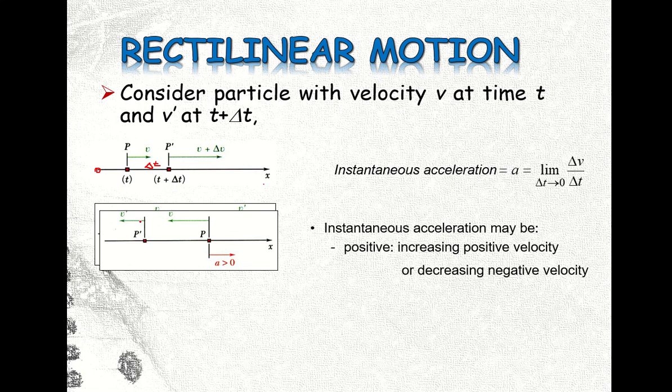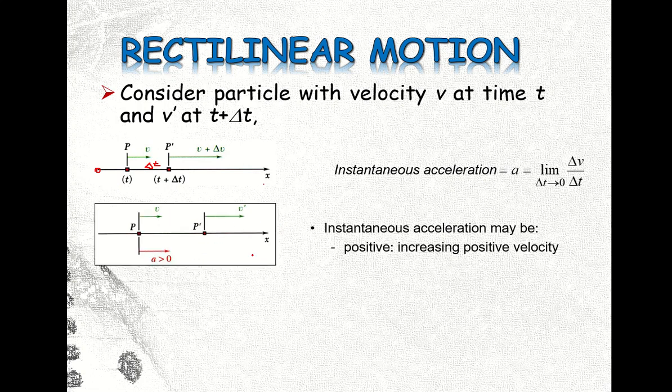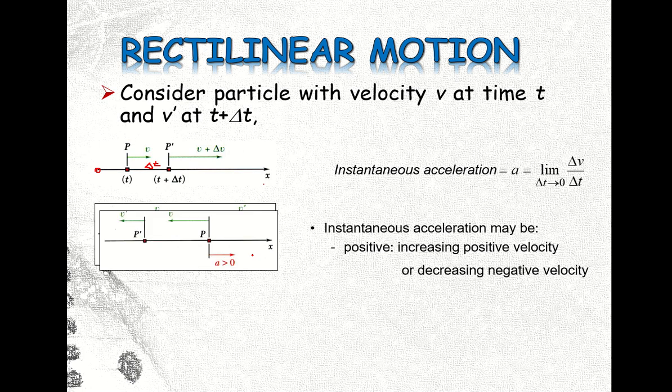So it means that it's slowing down. So it's positive acceleration but decreasing negative velocity. Our acceleration is still going in that direction to the right, similar to the first scenario. Going to the right meaning positive. The value of our a is positive. All right. So positive acceleration but decreasing negative velocity for the second scenario.